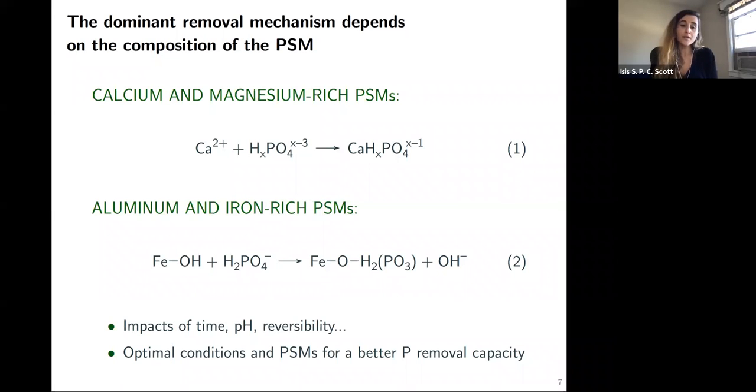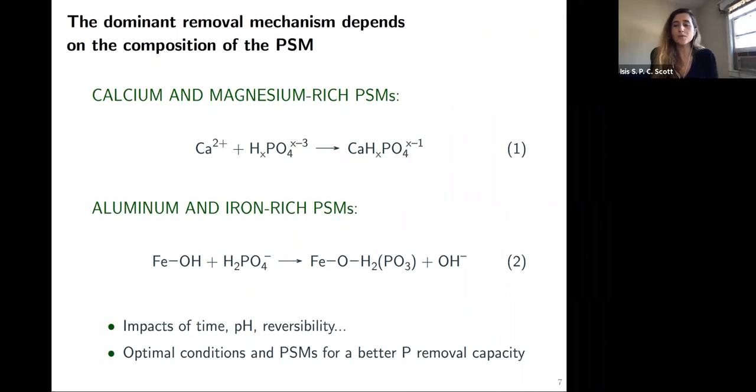And we also have aluminum and iron-rich PSMs, and the removal mechanism would be dominantly an adsorption reaction or a ligand exchange reaction. And this differentiation is important because we will have different impacts of time, different impacts of pH, and different possibility of reversibility of the reaction.